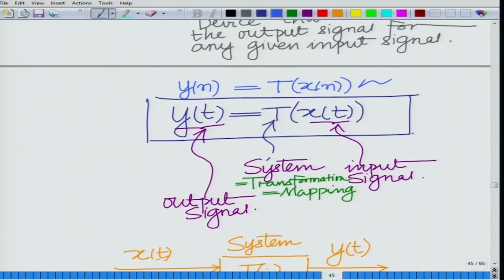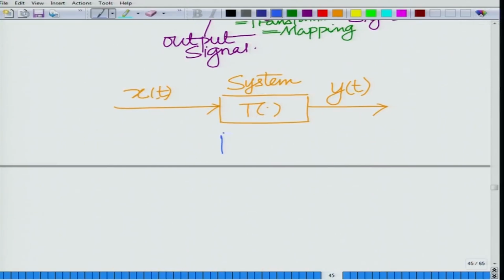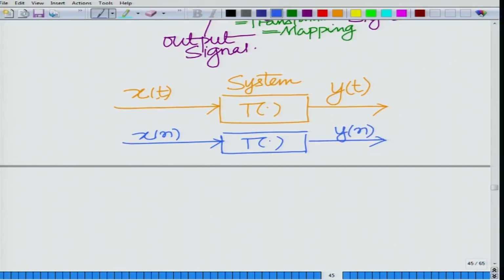So, this is basically a discrete time version of this, where x of n is the input and y of n is the output. x of t is also frequently simply referred to as the input, y of t simply referred to as the output.